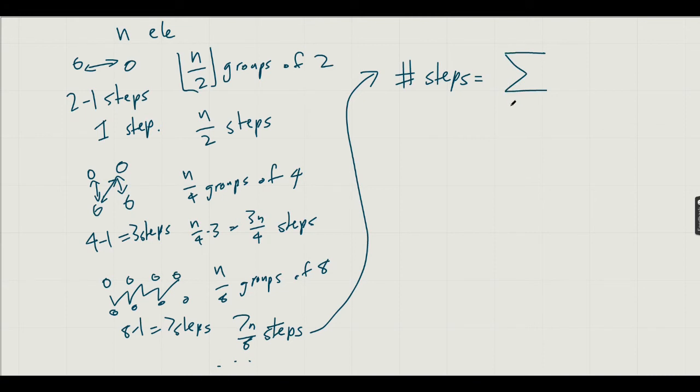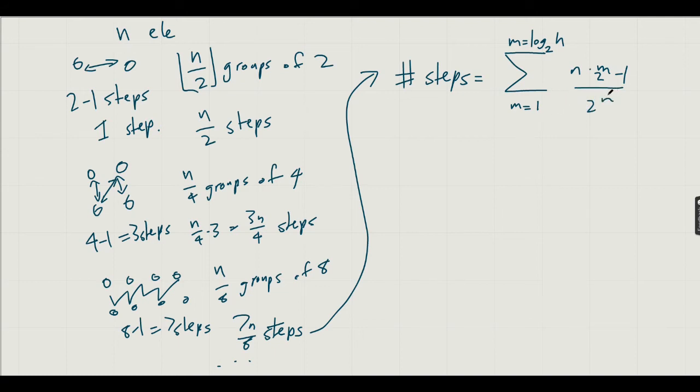We start from m equals 1 to m equals log base 2 of n, and that will be n times, actually, it starts from m, 2 to the m minus 1 over 2 to the m.